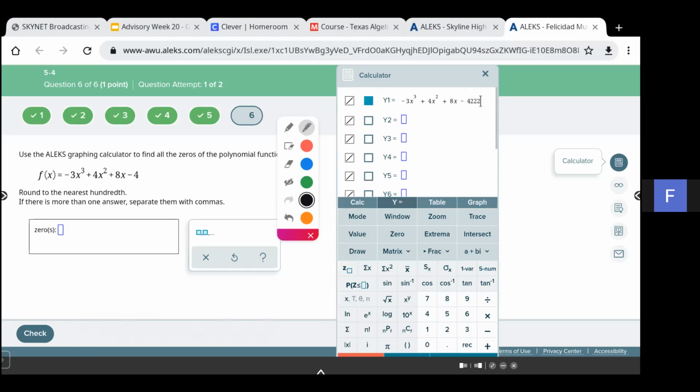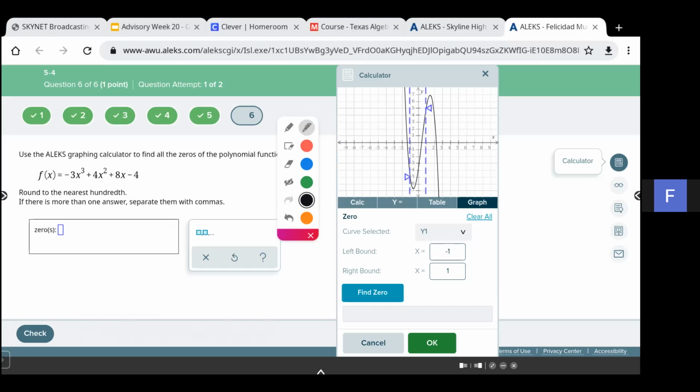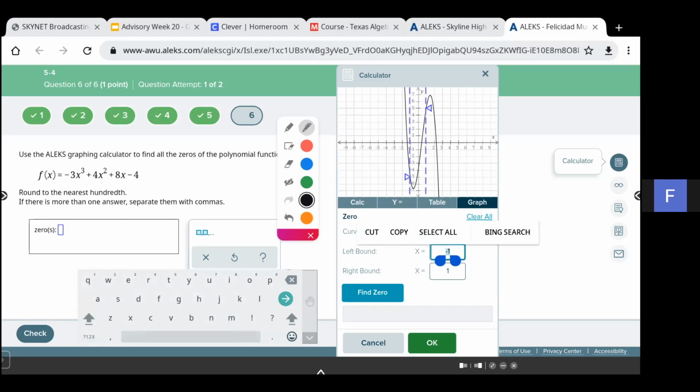There it is. Undo. Undo. Undo. Okay, so we're going to go back to graph. We're going to look at 0 and see if it lets me change this now to a -2. And we're going to put a -1 in the front.